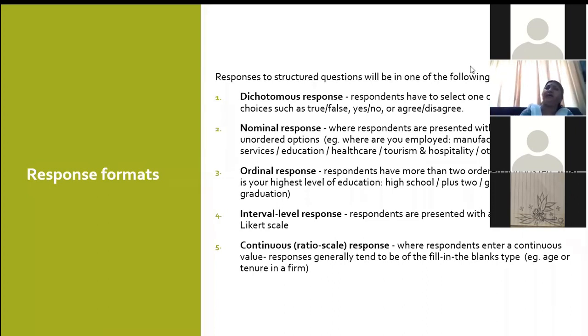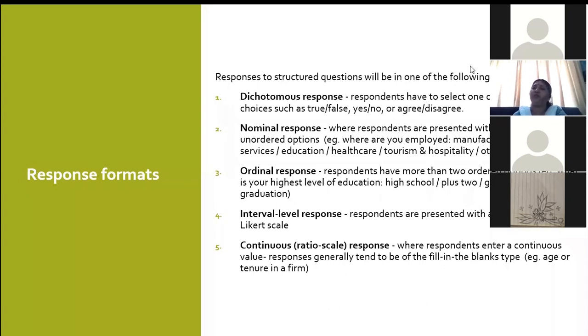Then nominal responses. In the case of nominal responses, the respondents are presented with more than two unordered options. There will not be any ordering as far as options are concerned. So respondents can select any choice. For example, where are you employed?